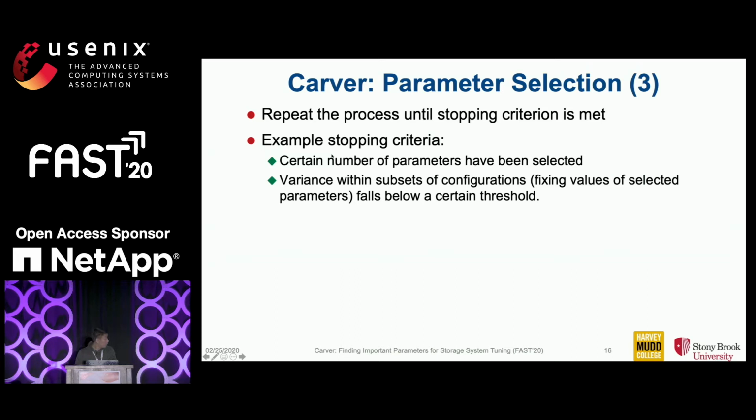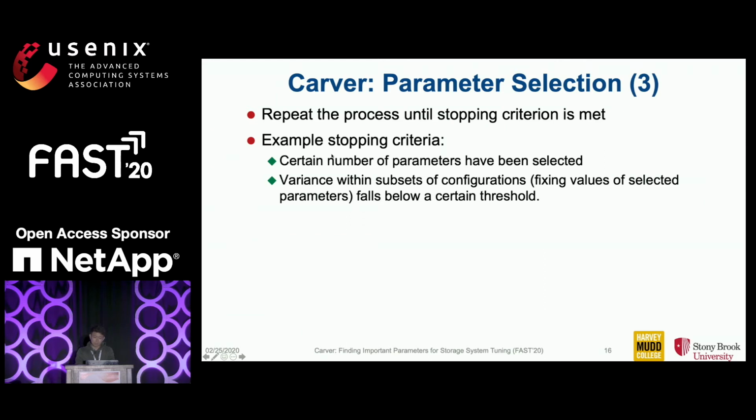Carver will repeat the same process until certain stopping criteria has been satisfied. For example, users might be interested in 3 most important parameters. Carver will then stop after selecting the 3rd parameter.